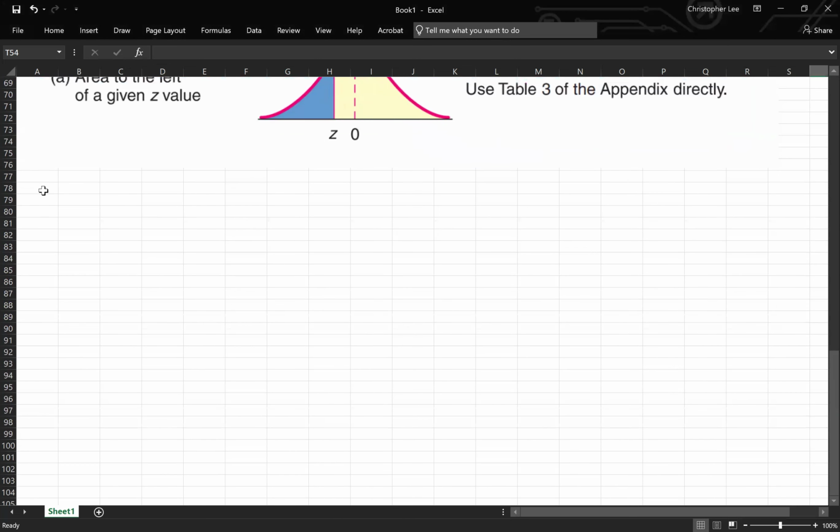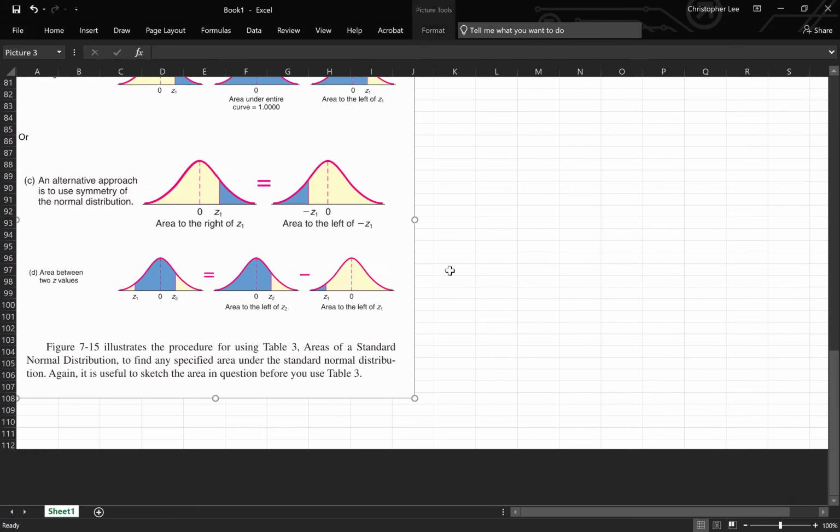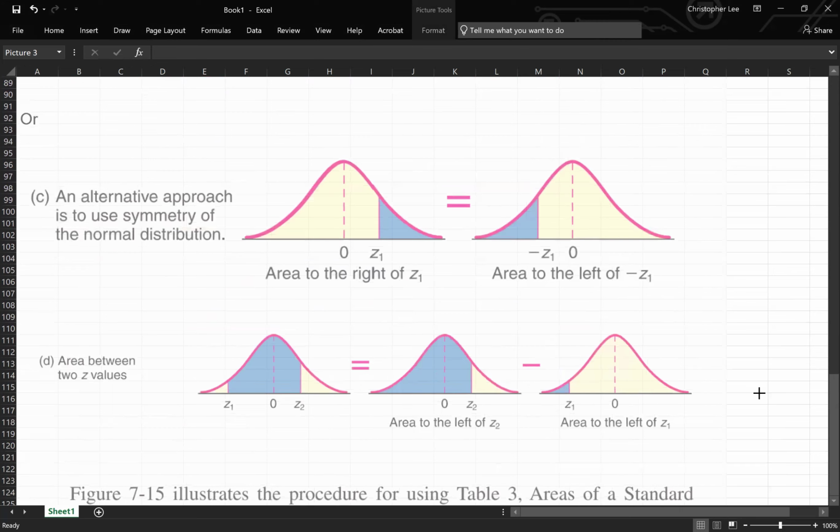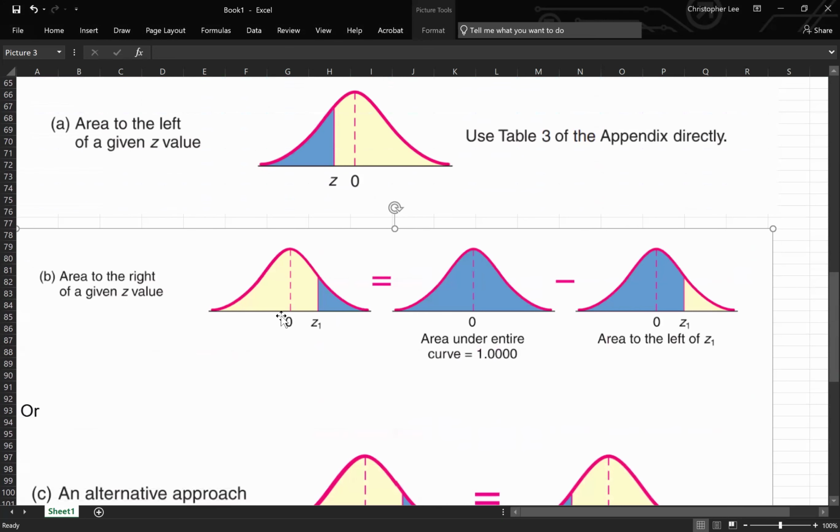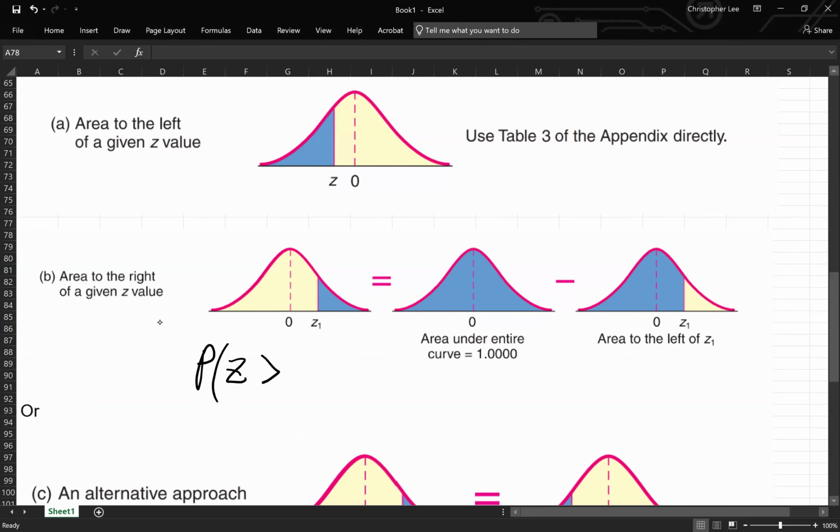This is the first one in chapter 5. Yeah, that's the complement rule. So this is it right here. You see for B, area to the right of a given Z value. So this is the probability that Z is greater than some number. So the probability of Z greater than, let's say, Z1: you take the entire area under the curve and you subtract the less than from it.